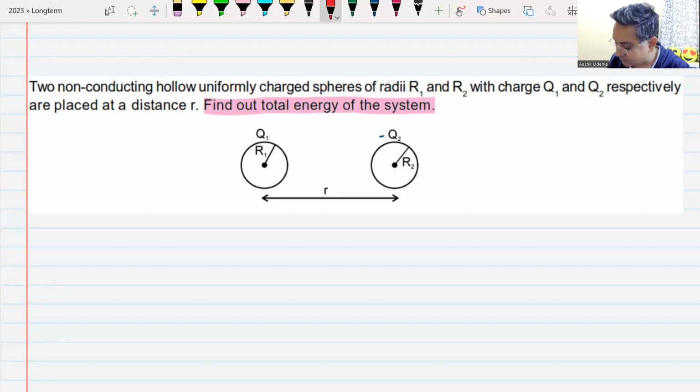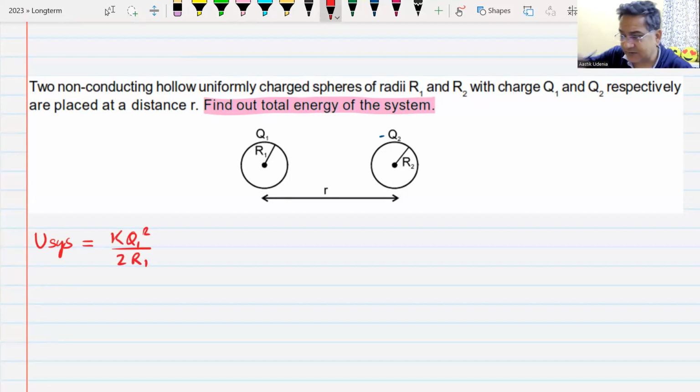So what is the total energy of this system? It is K Q1 square by 2R1.